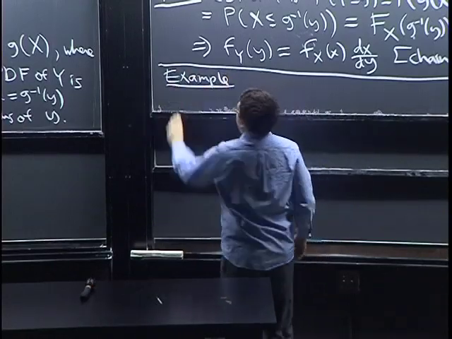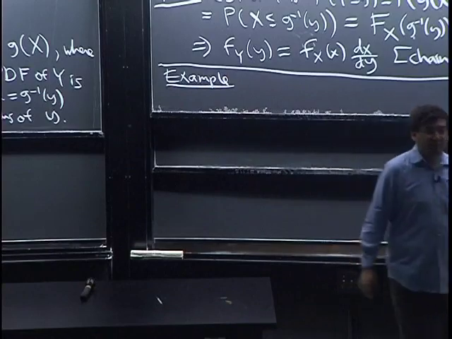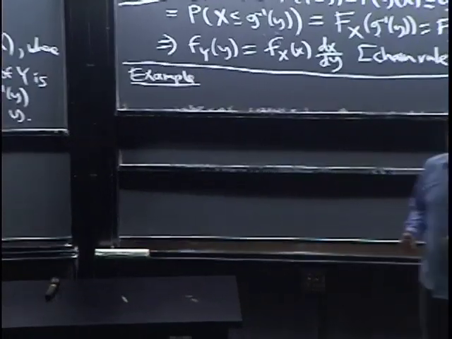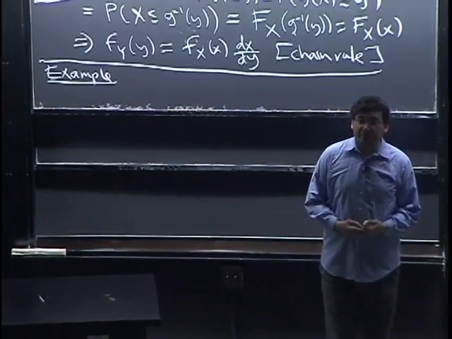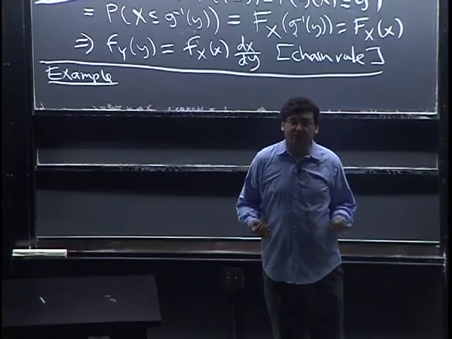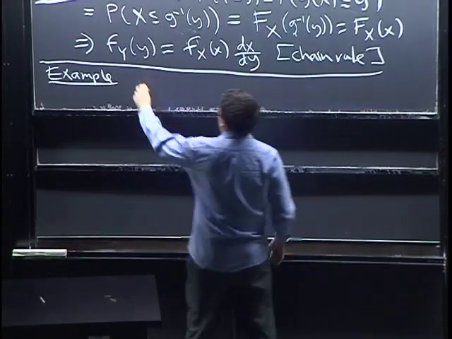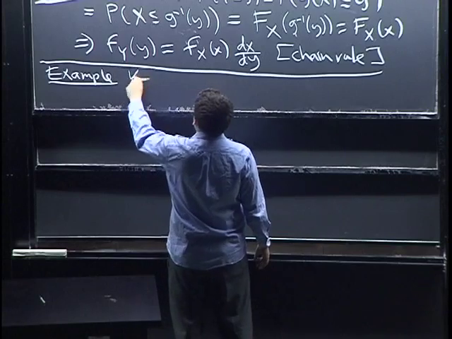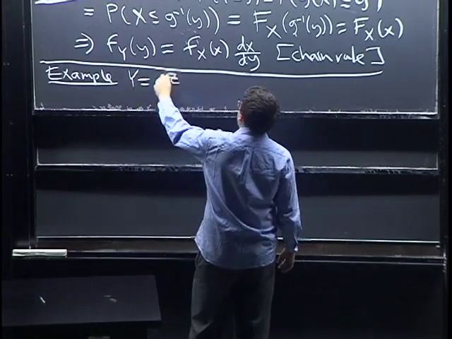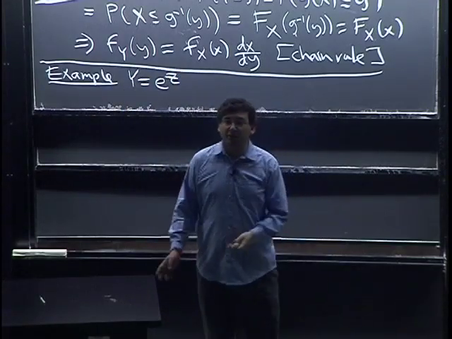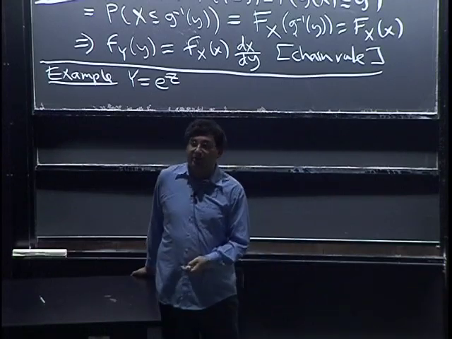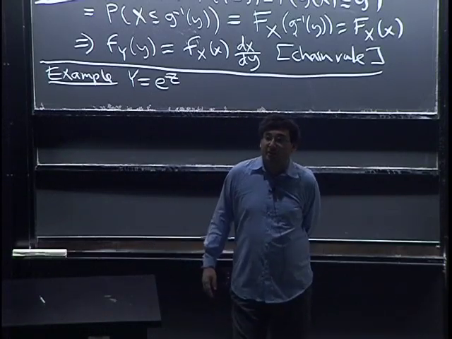So here's a famous example. One of the most widely used distributions in practice is called the LogNormal. And let's let y equal e to the z. A LogNormal does not mean the log of a normal. You can't take the log of a normal random variable because you can't take the log of a negative number.